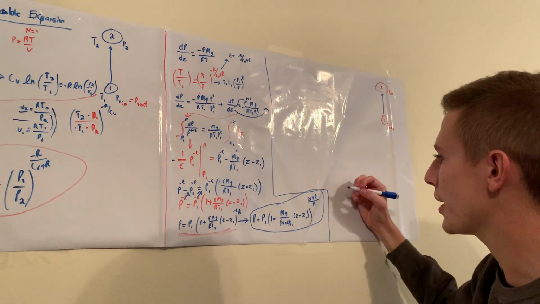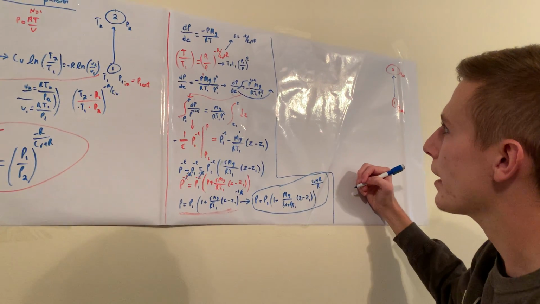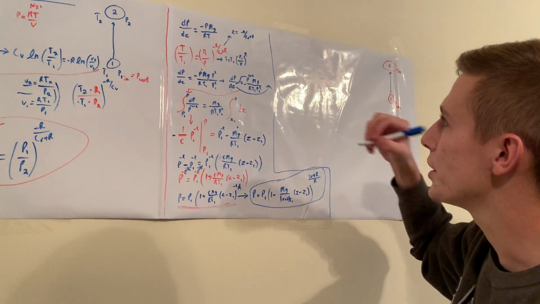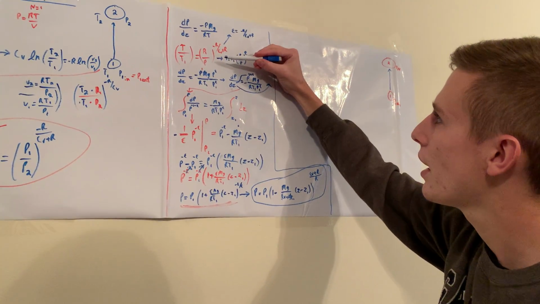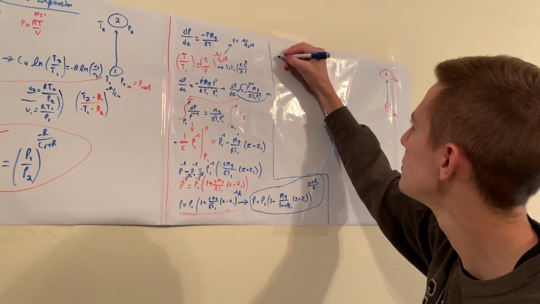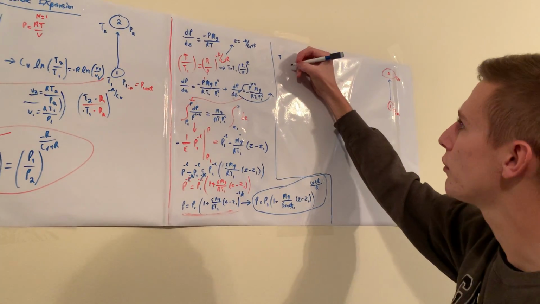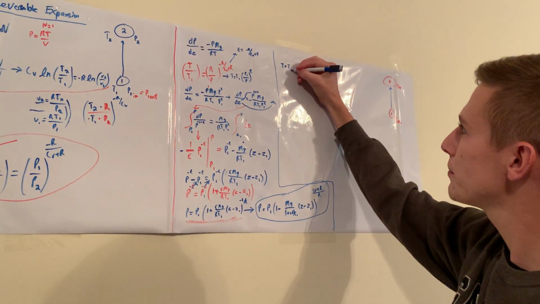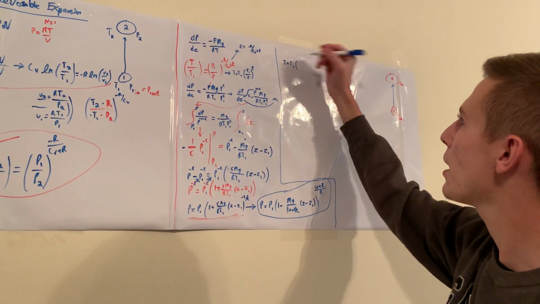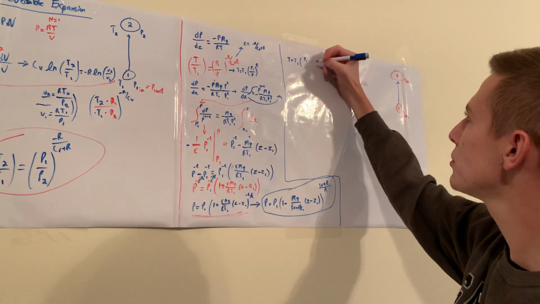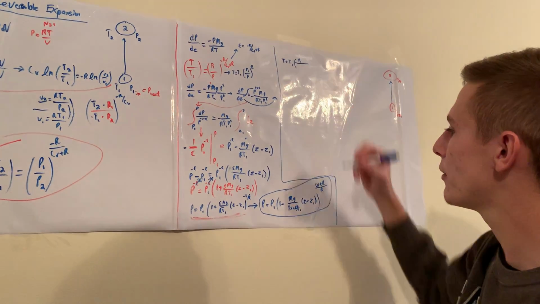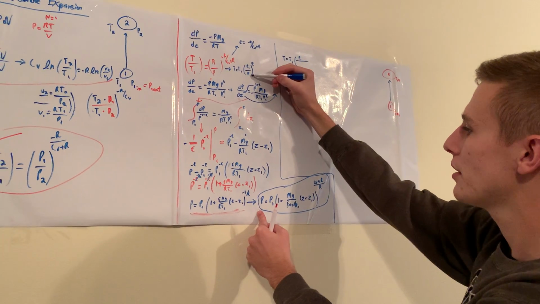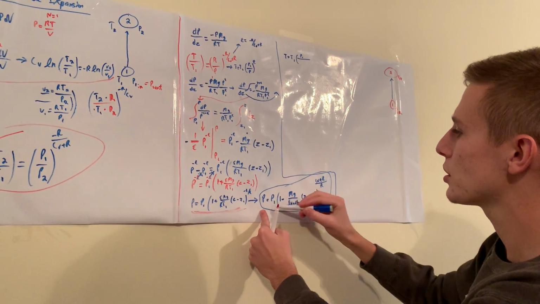And we can say that, okay, we can take our initial equation for right here, which was our temperature final, which we're trying to solve for, is equal to our temperature initial multiplied by P initial over top of, now what was our P? In this case, we're going to be plugging in this equation. So what is P equal to?